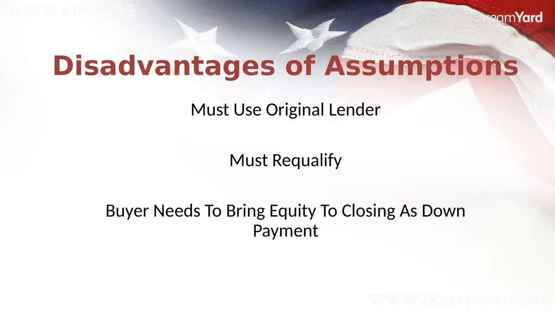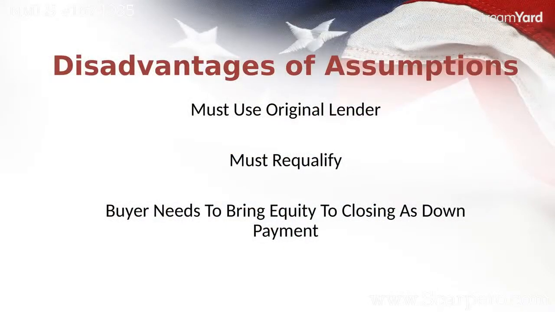The buyer might need to bring equity at closing as a down payment. That one's huge. That's actually probably one of the biggest disadvantages to an assumption. So, for example, say the house has a $400,000 loan on it, and they are selling it for $500,000. Well, that $100,000, that seller, I guess they could sell it for just the payments, but most people want their equity, right?